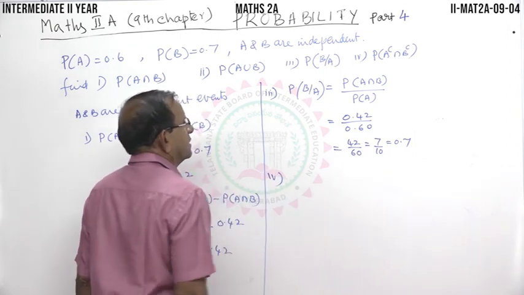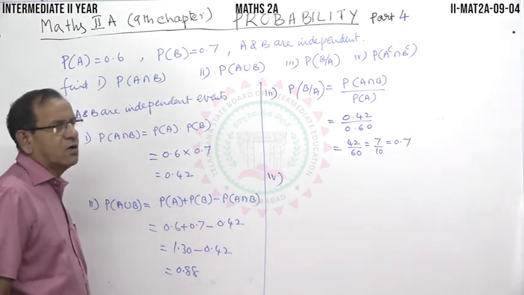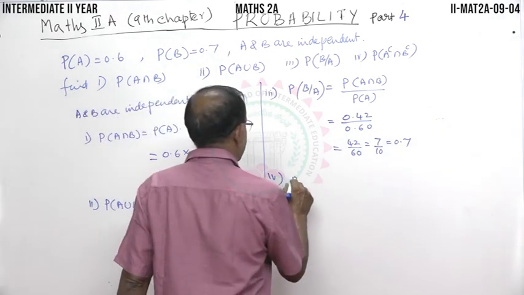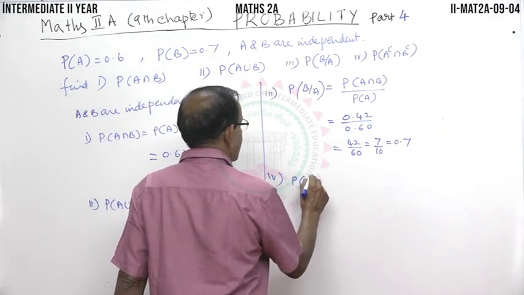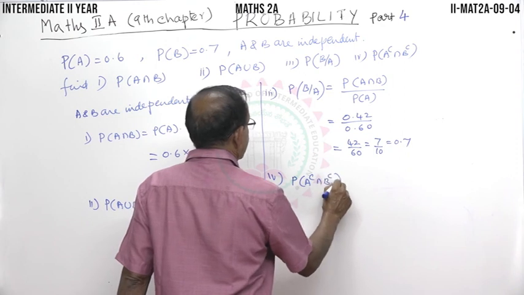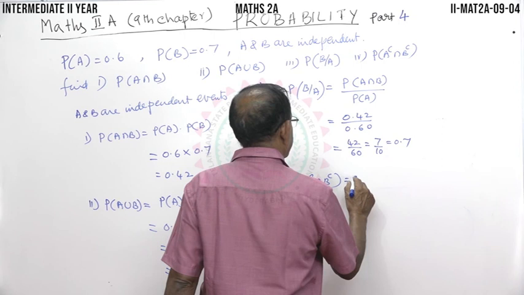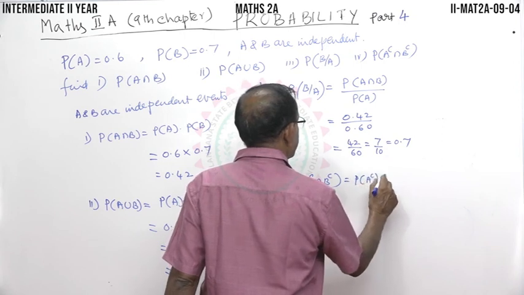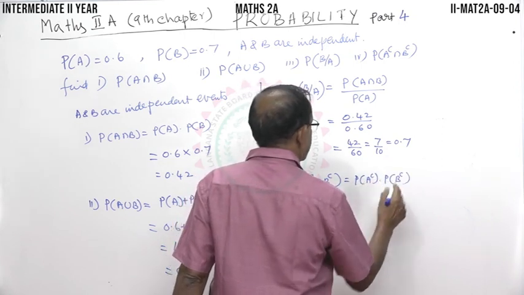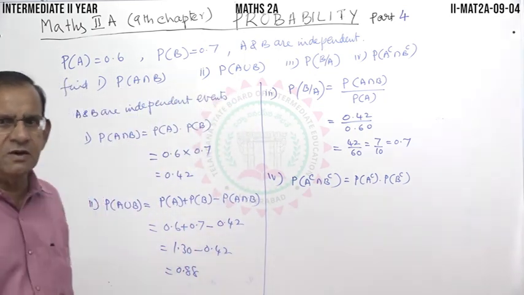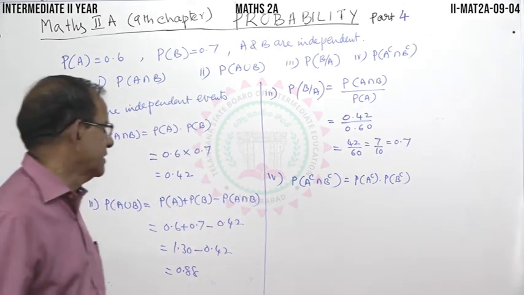Now the fourth one. P of A complement intersection B complement. That is P of A complement into P of B complement. Because A and B are independent events, A complement and B complement are also independent.